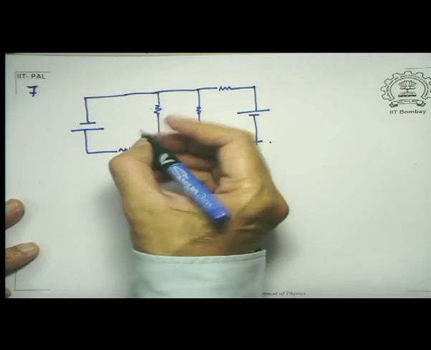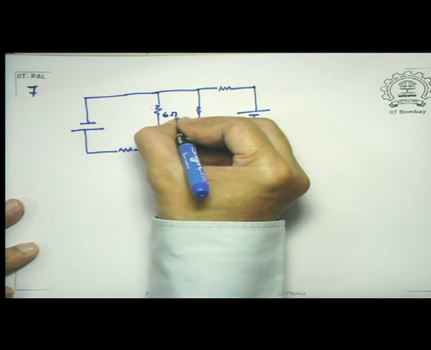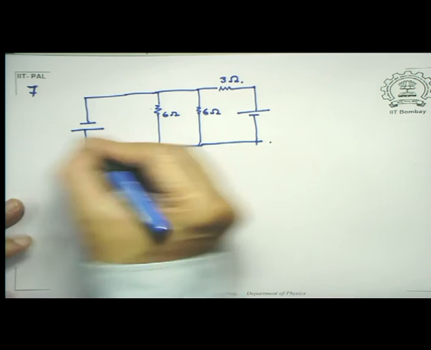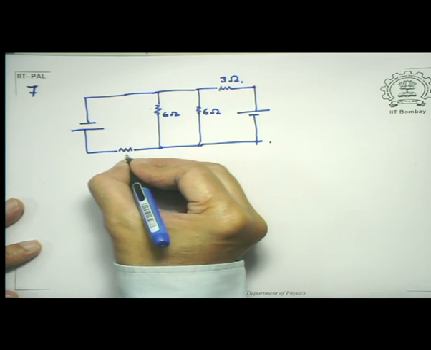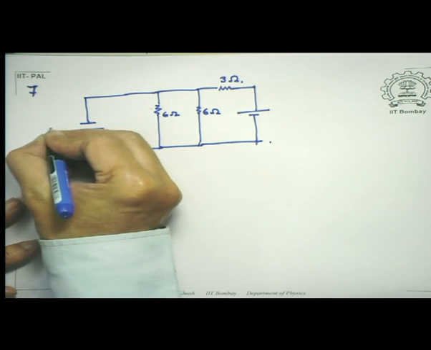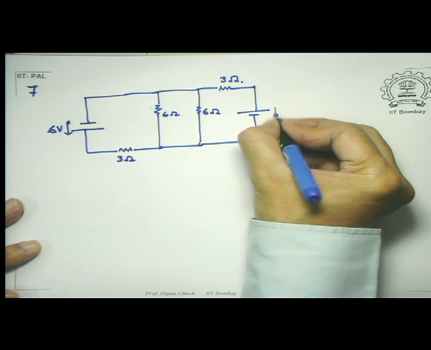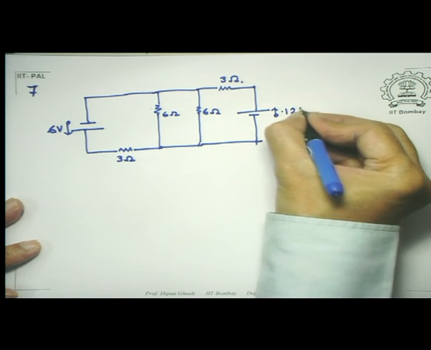So let me give you some numbers. Let it be 6 ohms. Let it also be 6 ohms. 3 ohms here and 3 ohms there. 6 volts there in this way and a 12 volts there that way.